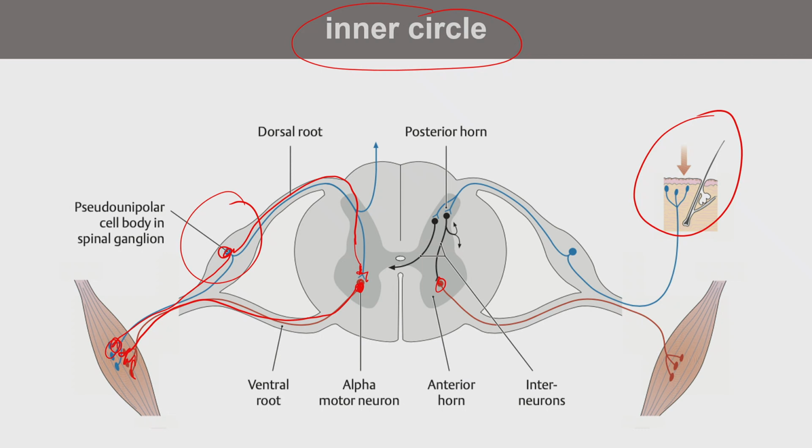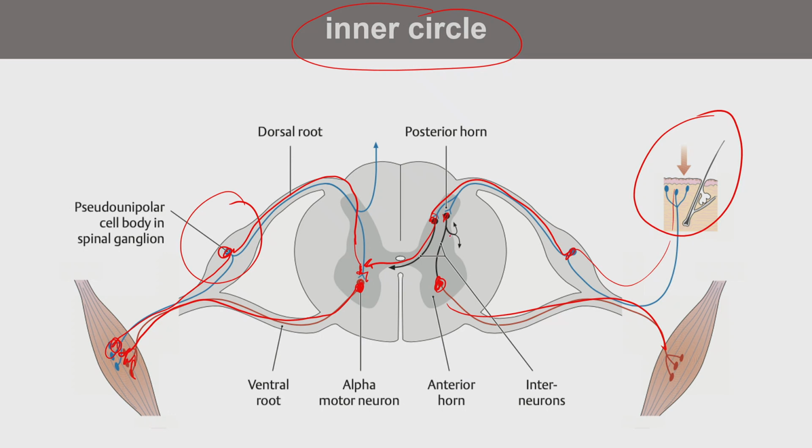So it could be touch, it could be the wind blowing, it could be heat or cold, and this information also has some influence, and the influence could be transmitted to the same neuron on the same side, but also it could be transmitted to the other side, because if you are walking, the touch information from your foot on one side is transmitted to the other side.